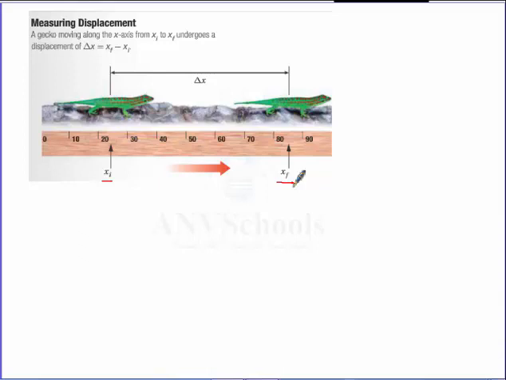As you can see from the figure, the final position looks like it's 85. The initial position looks like it's 22. So the displacement of the gecko, delta x, is defined as the final position minus the initial position.